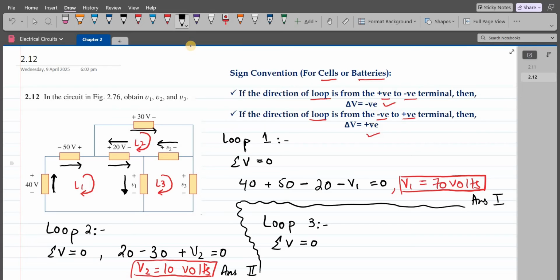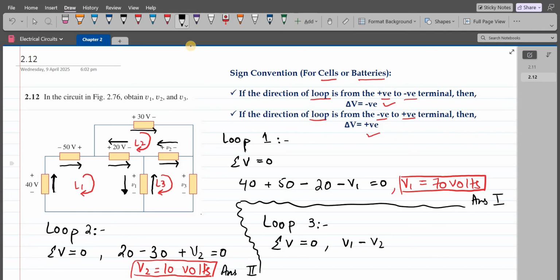Again, you have to analyze the movement of the loop L3, which is moving in the clockwise direction. Across V1 it is moving from the negative to the positive terminal. So V1 according to the sign convention will be taken as positive. Across V2 it is moving from the positive to the negative terminal. So V2 will be taken as negative.